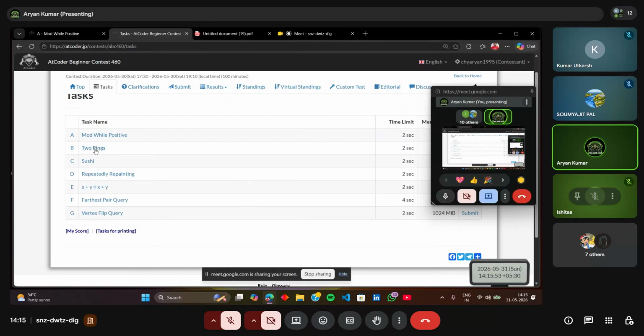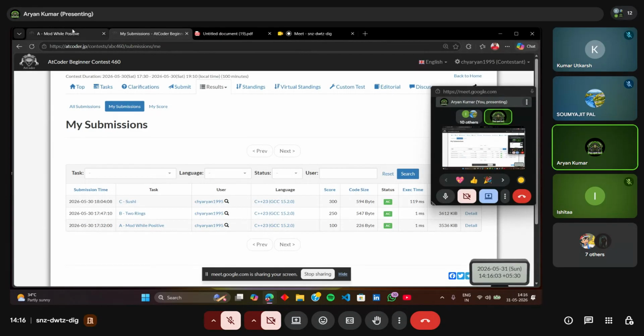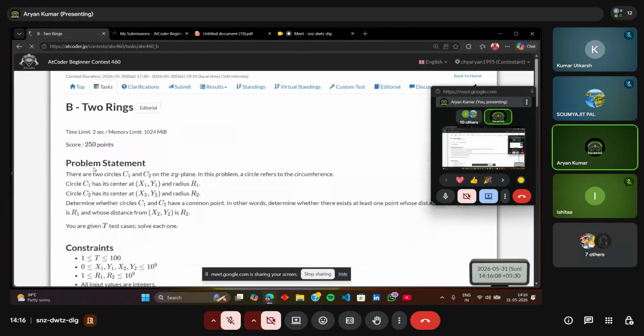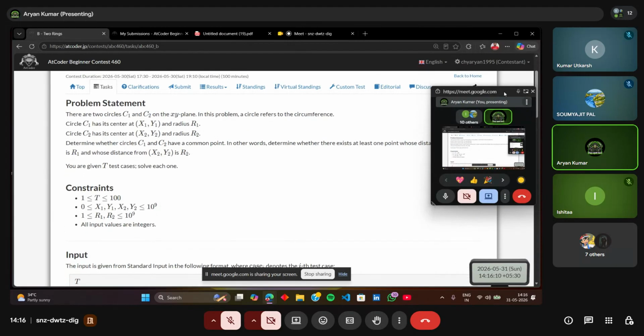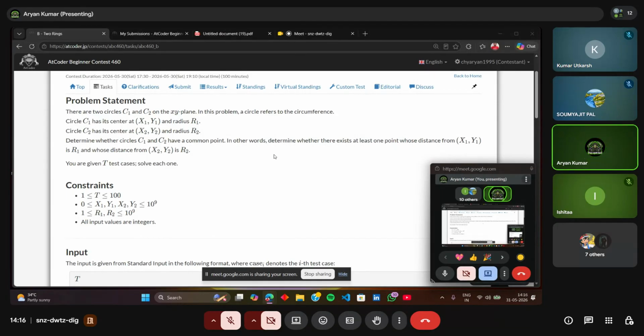Okay, so now we will move on to the second question. It says that there are two circles, C1 and C2, on the XY plane. In this problem, whenever it says circle, it refers to the circumference of the circle.